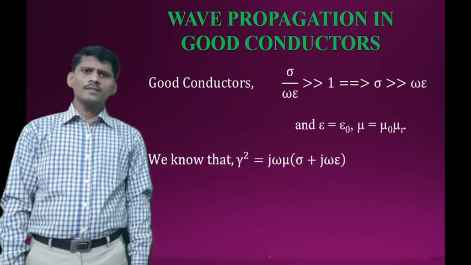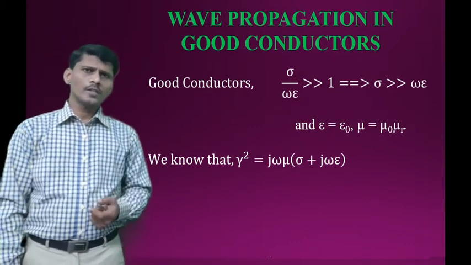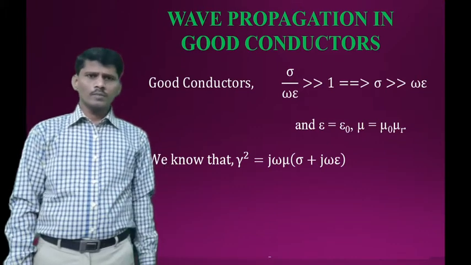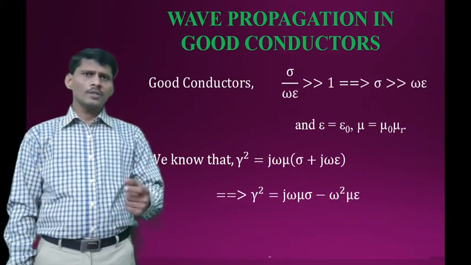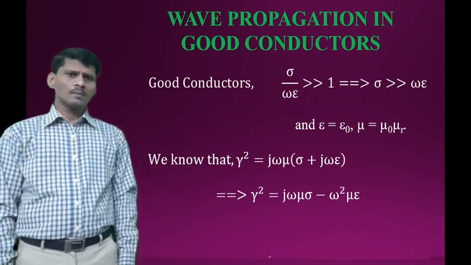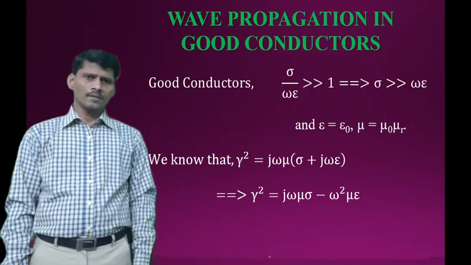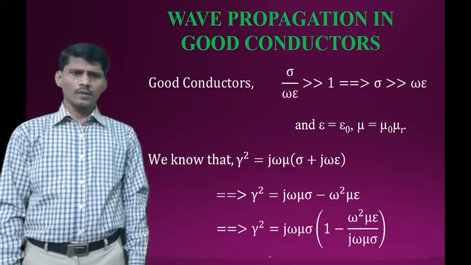We know that the propagation constant gamma square is equal to j omega mu into (sigma plus j omega epsilon). Multiplying j omega within the bracket on the right-hand side, we get j omega mu sigma minus omega square mu epsilon, since j square is minus 1.